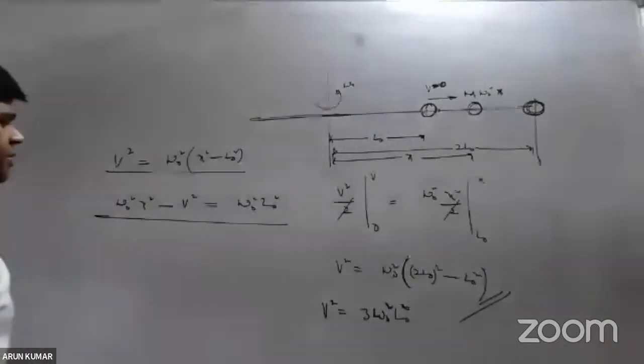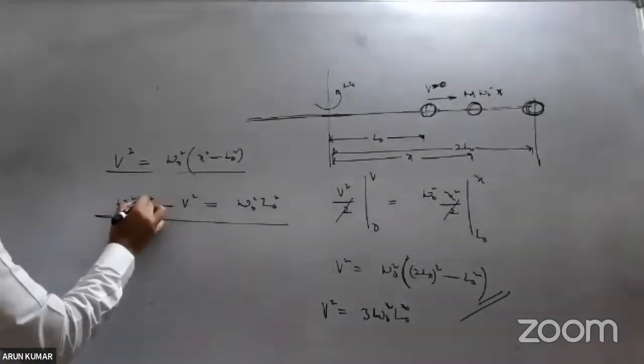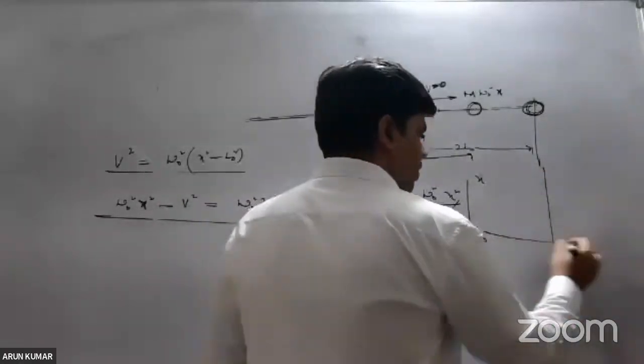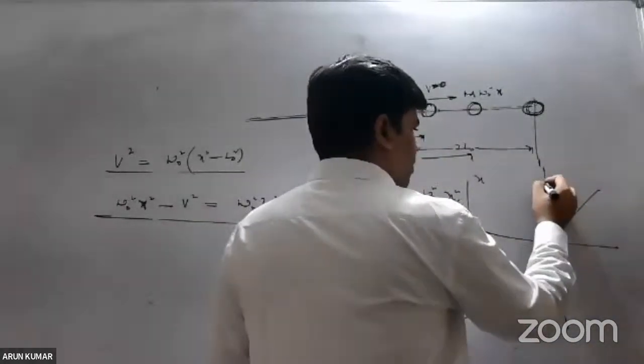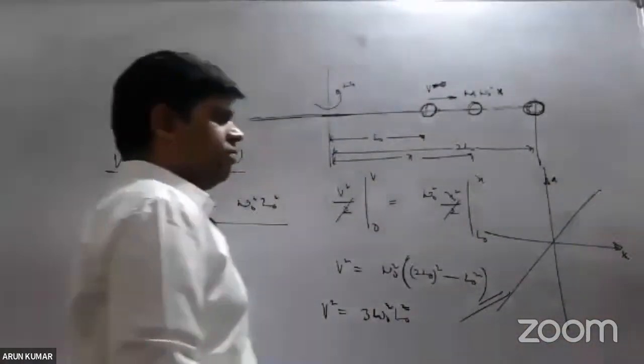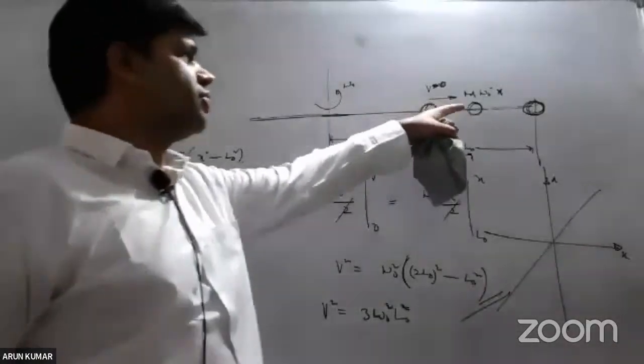So what kind of equation is this? What kind of equation is this, students? A with respect to x is linear, omega square x comes to me.